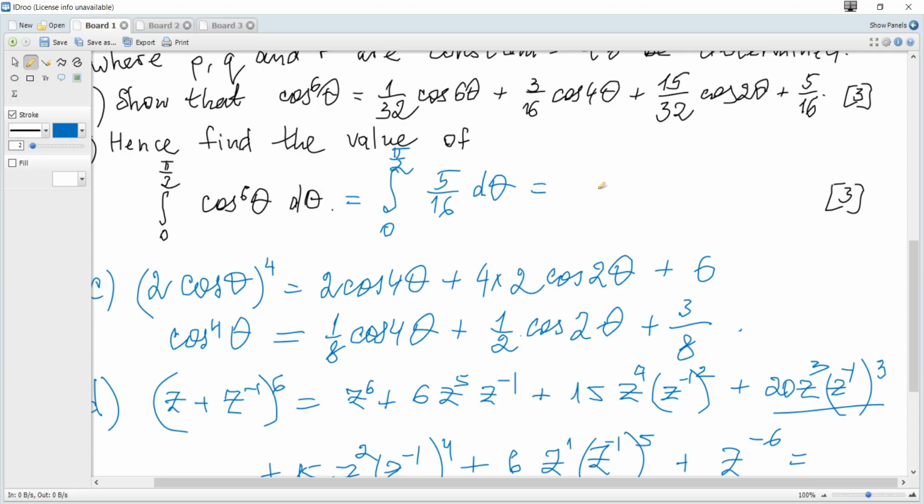And it becomes just 5 theta over 16, and with the limits, it's quite clear that it's just 5 over 16 multiplied by pi over 2, or 5 pi over 32.